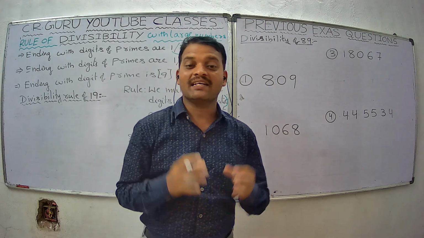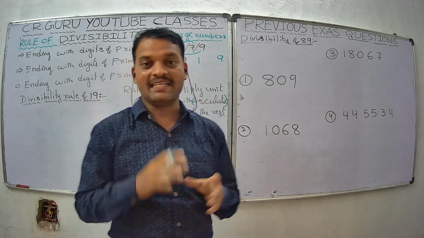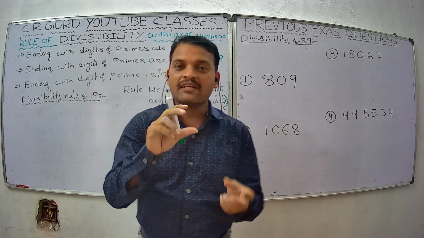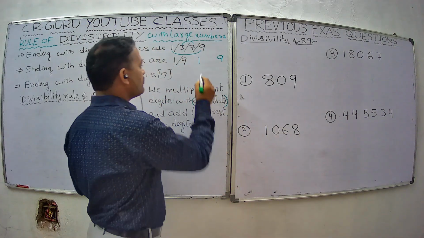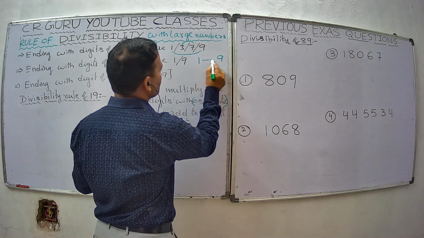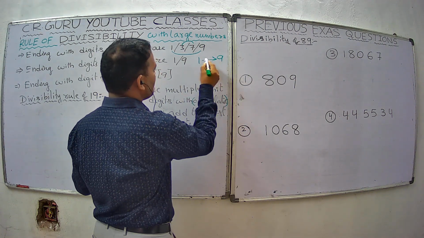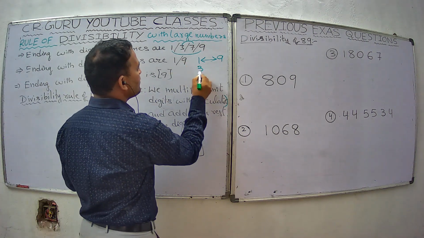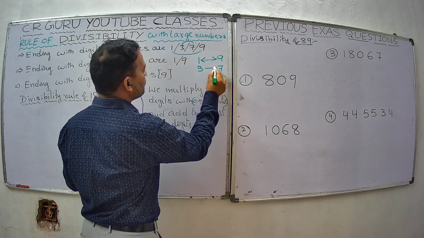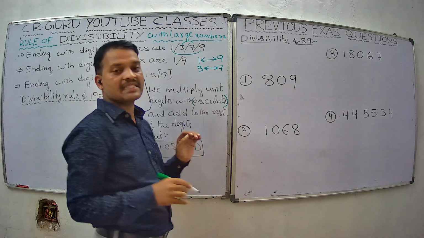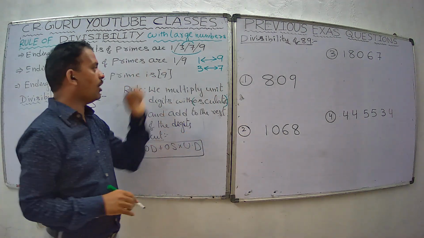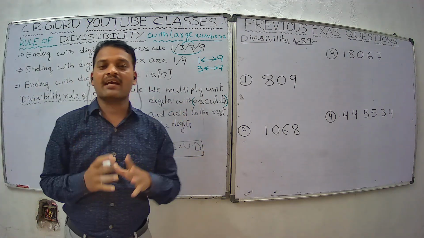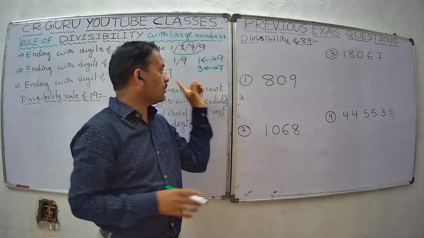Complement means the sum of the two digits is 10, so the two digits are called complements of each other. 1 plus 9 is 10, so the complement of 1 is 9 and the complement of 9 is 1. Similarly 3 and 7: the complement of 3 is 7, and of 7 is 3. So 1 and 9 behave in the same way.